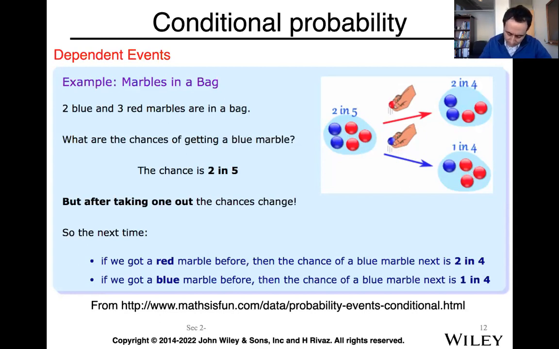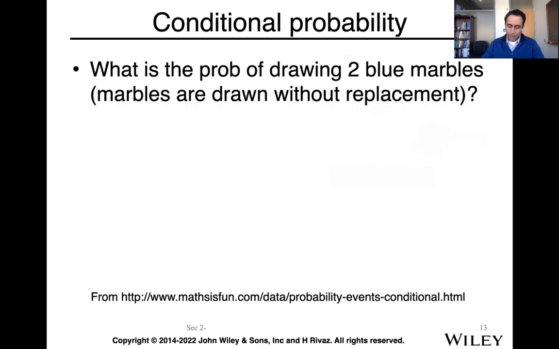So here, remember that this is without replacement, meaning that we don't place the marble back, right? So the outcome of the next draw will depend on the outcome of the previous draw, right? Because it changes our sample space, right? So here, the second draw and the first draw are not independent events anymore.